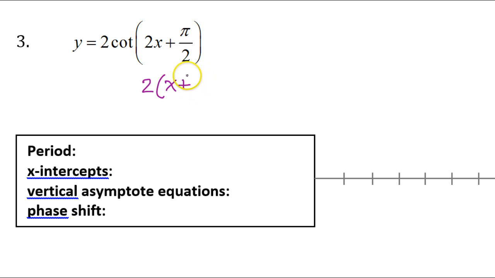And to figure out what comes next, I need to take pi over 2 and divide by 2. Now I know that that's going to be pi over 4, because I've learned if you divide a fraction by a number, all you really have to do is put that number you're dividing by into the denominator and multiply.